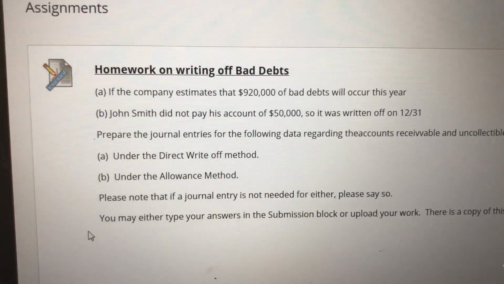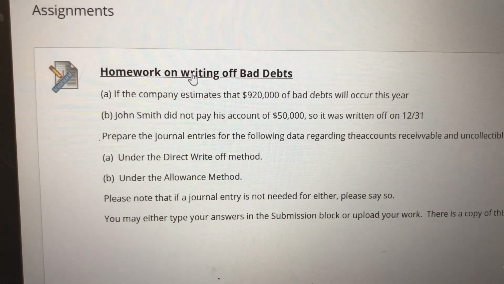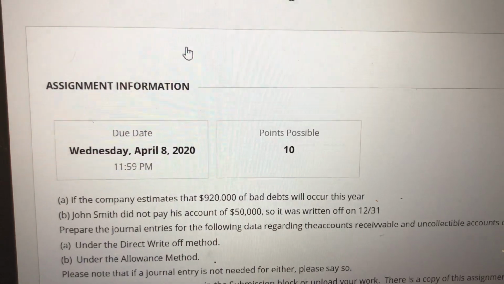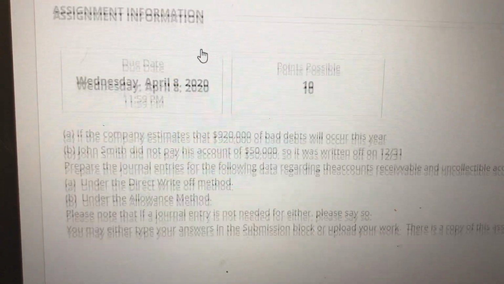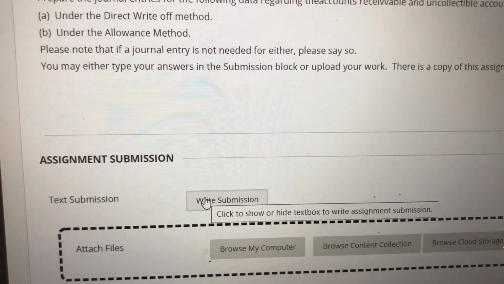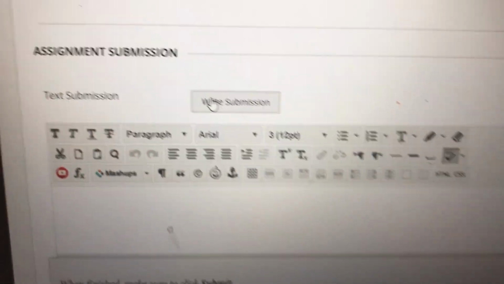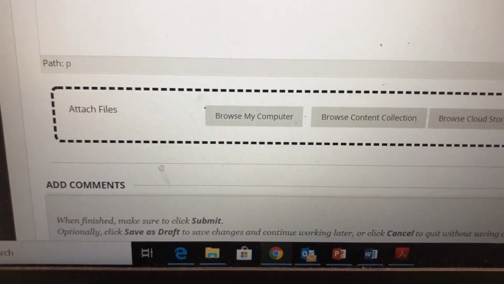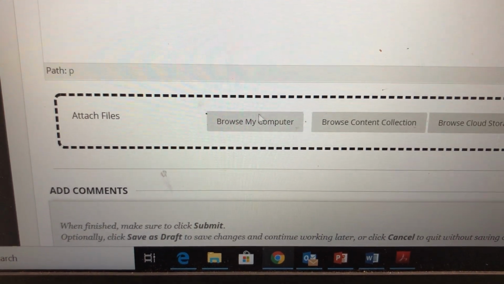Okay, and the instructions are there. Same problem. This is due Wednesday by midnight. Please note that. So you can either write it in submission link here if you want to type it in, or you can go through and do an upload of your picture.